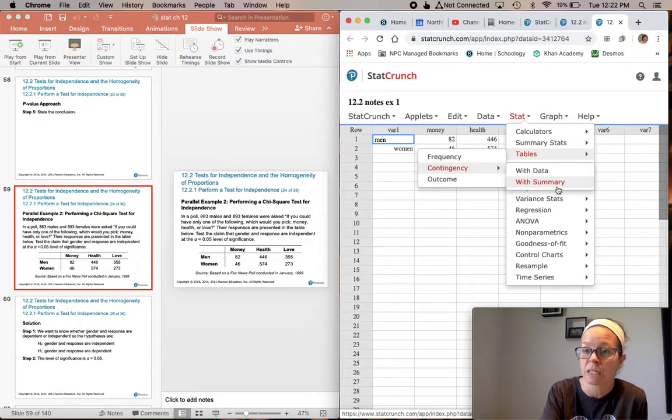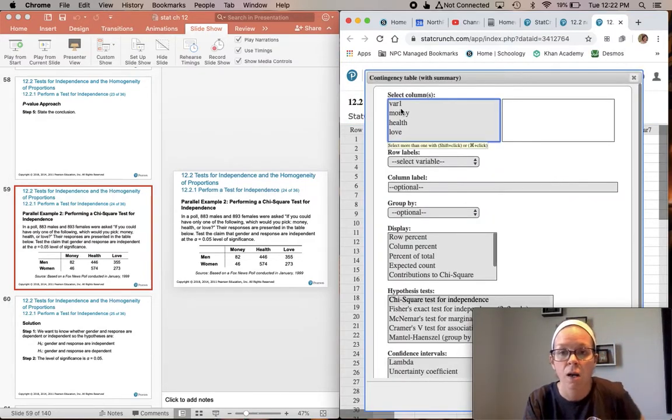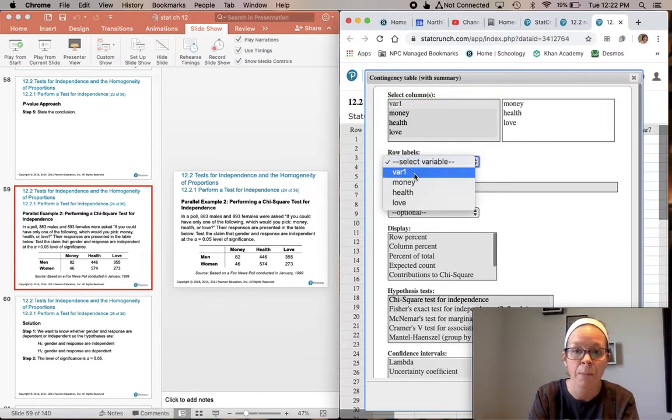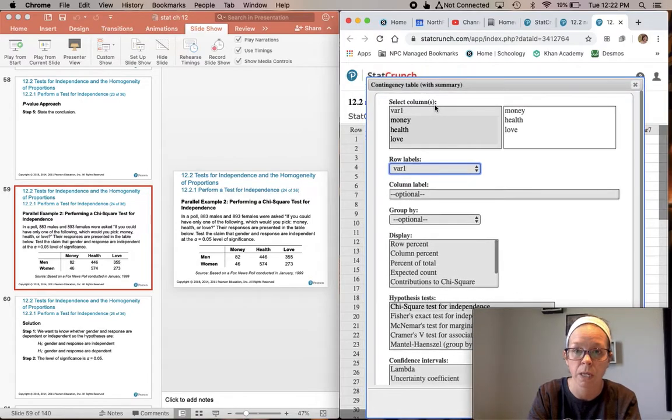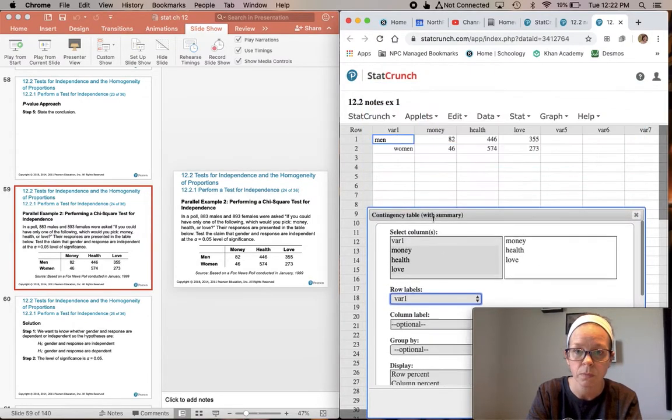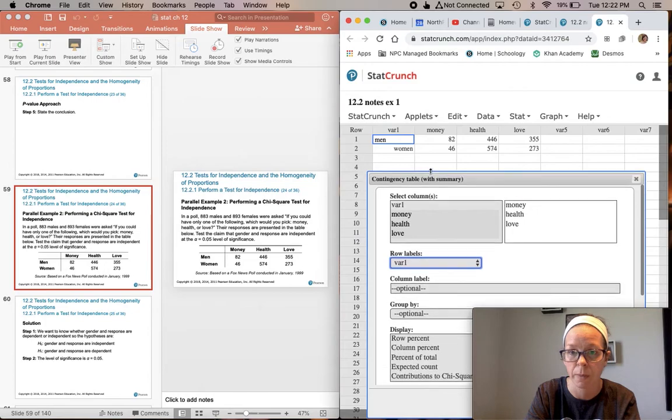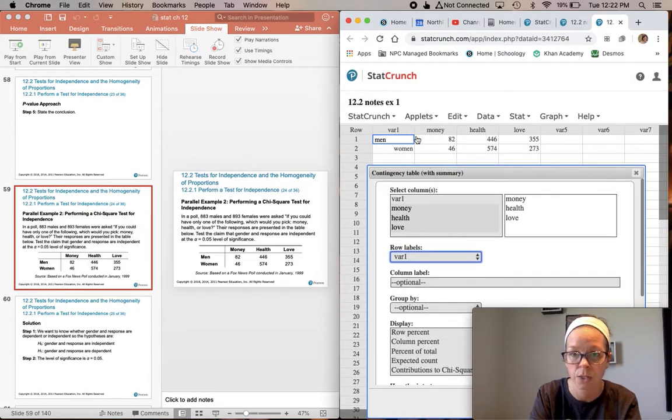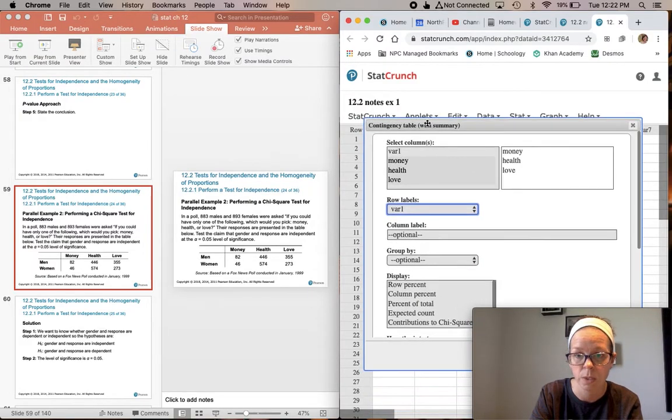So what we have is a summary, how many fell into each category. So we choose that. Our column variables are the money, health, and love. And our row labels are in var 1, because I just put the men and the women titles there. So these are our columns, and then this is where our row variables are, the labels.